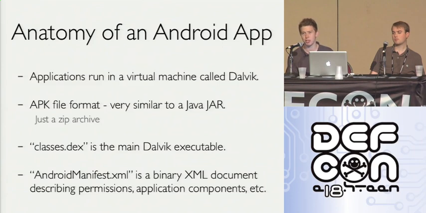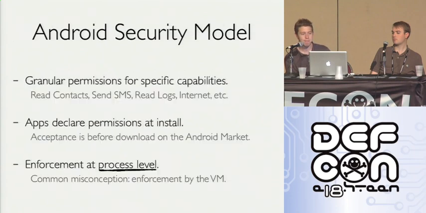They're very, very similar to jars, and APKs and jars are basically just special zip files, so they're fairly easy to extract. The main executable in Dalvik is called classes.dex, and so that's one of the main things we're looking at. The other thing of interest in an Android application is called the Android manifest, which is a really kind of proprietary binary encoded XML document that describes the permissions of an application, its components, so on and so forth.